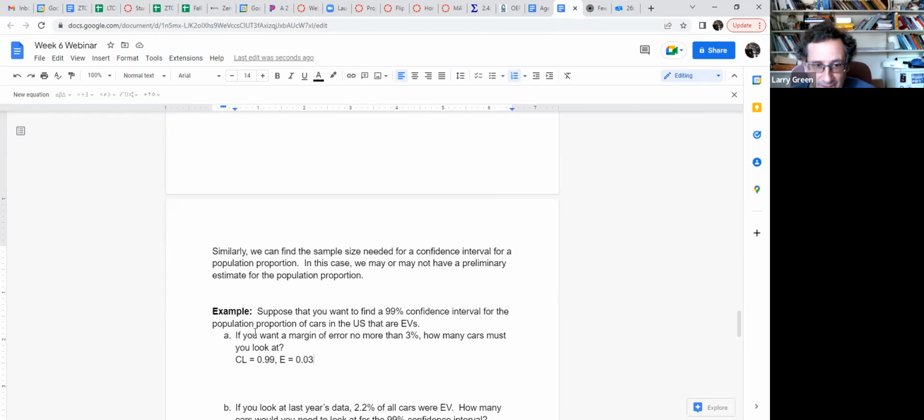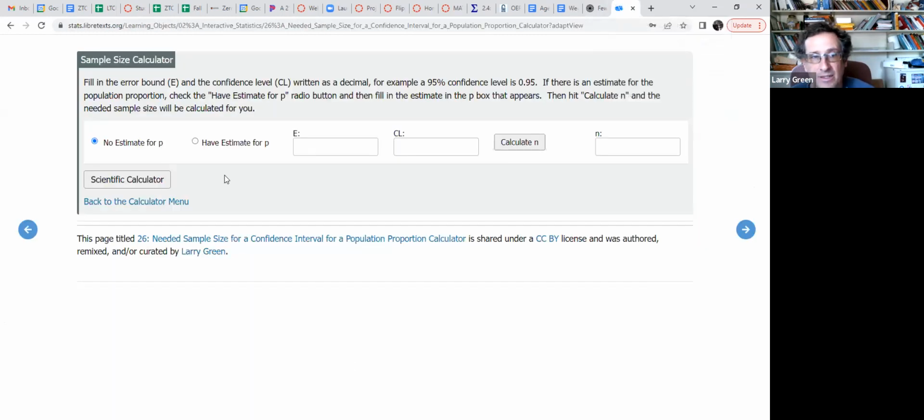Based on what's given, do we have any idea what the population proportion is for electric vehicles? Yeah, no, there's no information given. So in this case, when you don't have any estimate, then you get no estimate for P. Make sure that's checked.